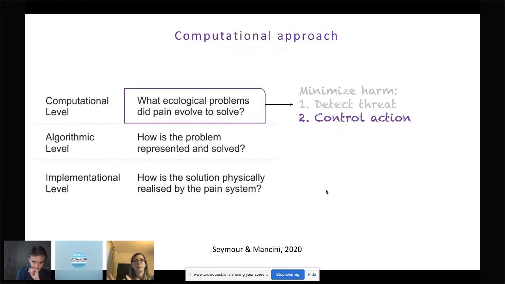But then the other aspect is how the pain system is able to control actions, because inference is obviously not useful if you don't do anything about it.